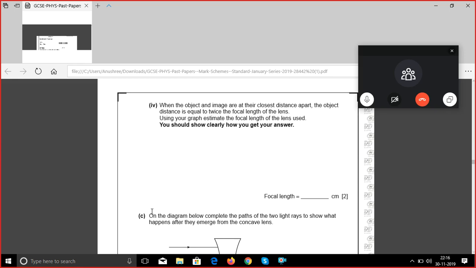So the minimum is at 40, 80, and the object distance is 40. So the focal length is half that, so the focal length is 20. Yes, that's correct.